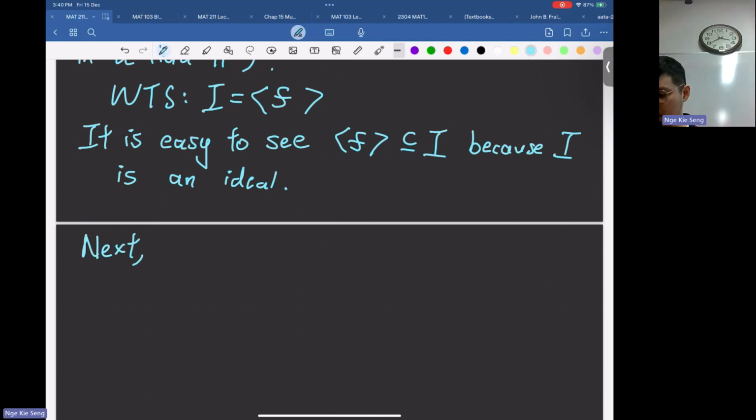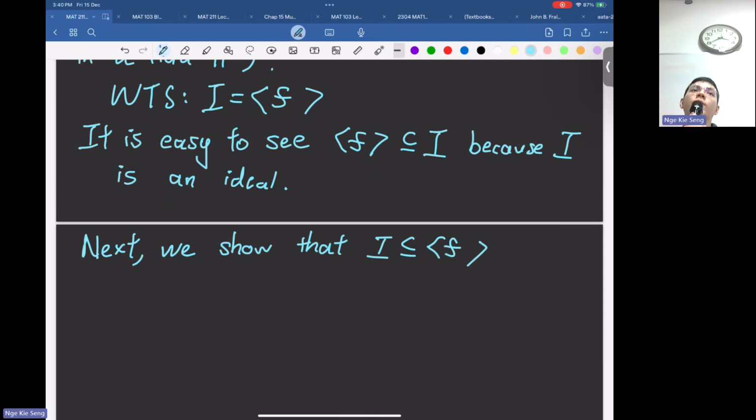Next, we show that I is a subset of the ideal generated by f. So go back to the set theoretic definition here. What do I have to show? I need to take any element in I and show that it is in the principal ideal generated by f.